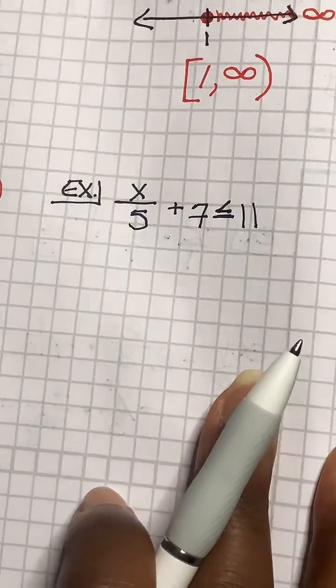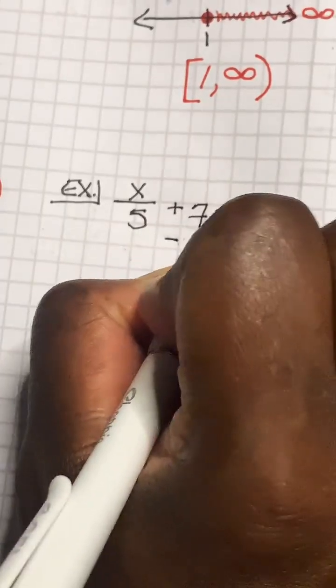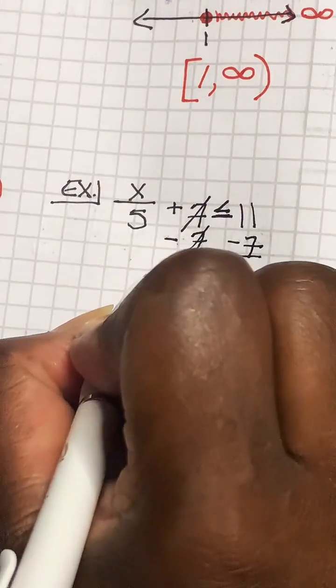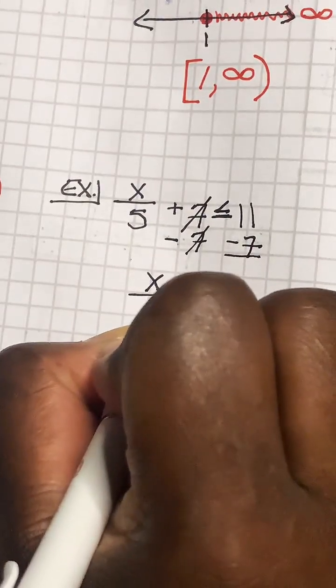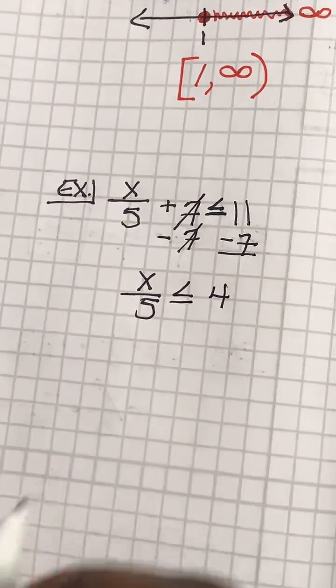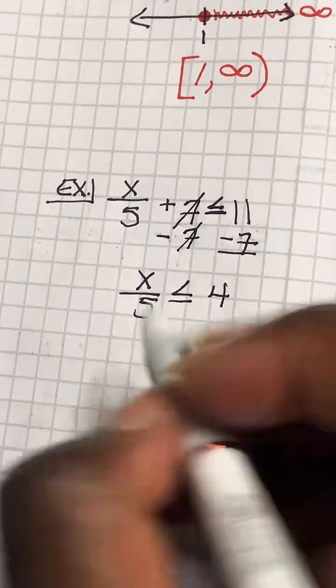So first thing we had to do, we had to subtract 7 on both sides. Positive 7 and negative 7 cancel each other out. Then we had x over 5 is less than or equal to 4. So now we want to get rid of this fraction.